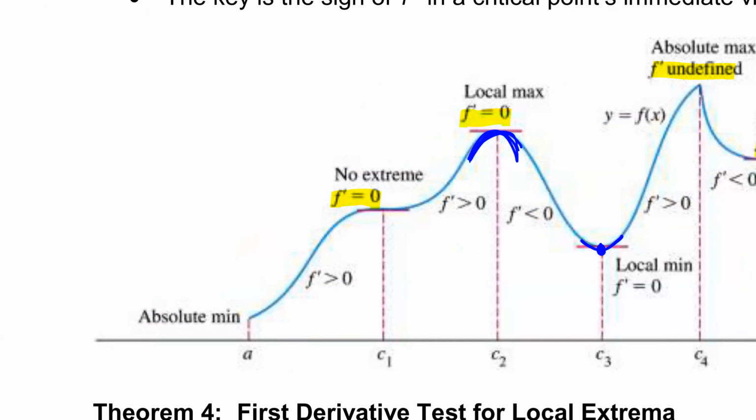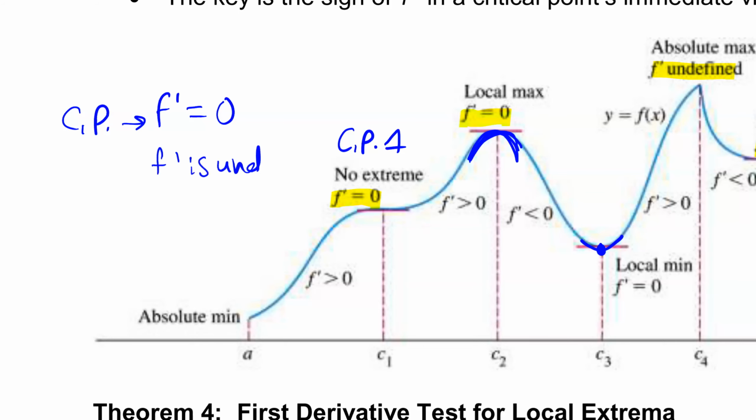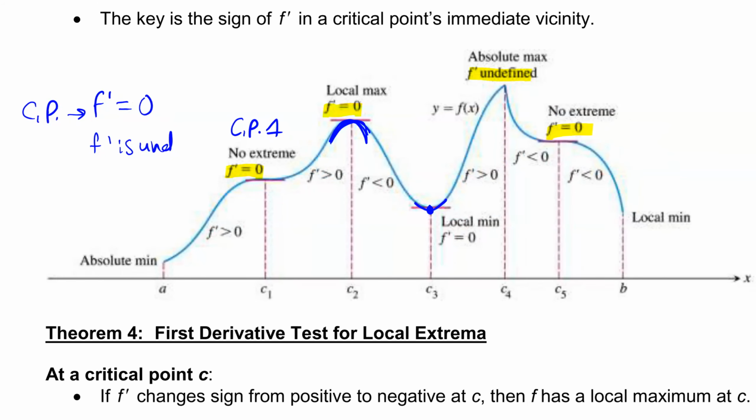Okay, so I'm going to name this critical point 1. And remember, CP means critical point. So critical points, places where you have max or mins, occur where your first derivative is 0 or where it is undefined. We have several critical points here, but not all of them have maxes or mins with them. This first critical point, number 1, doesn't actually have extrema.